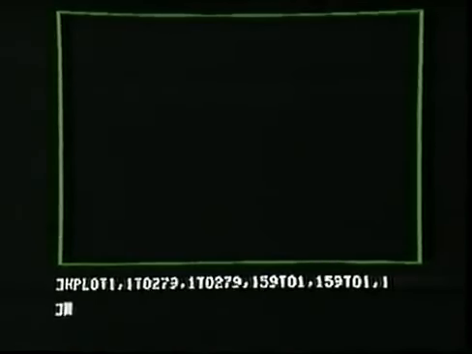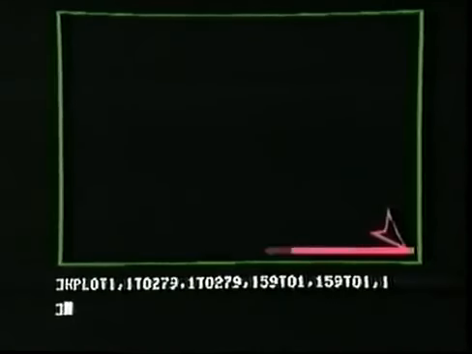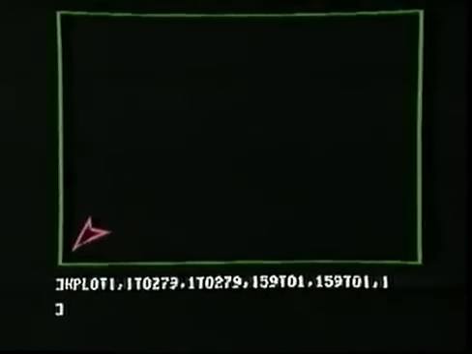Oh, look at that. And this is only 1 pixel thick. Let me see now. It's 1 at 1 to 279 at 1 to 279 at 159 to 1 at 159 to 1 at 1. But drawing a picture pixel by pixel must get pretty laborious.